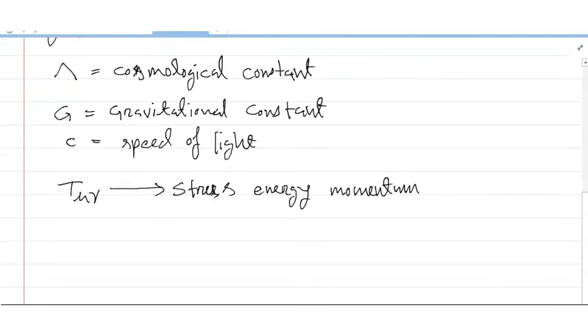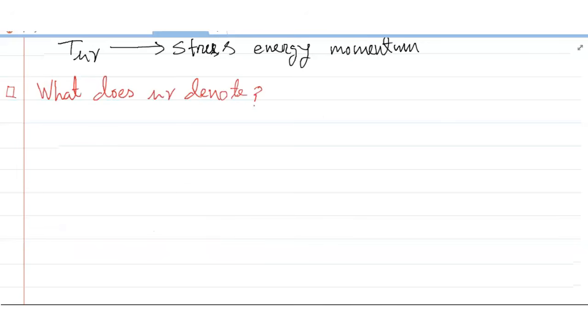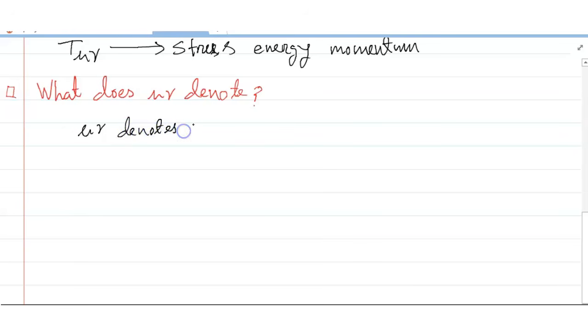So let's start to know what mu nu denotes. So friends, mu nu denotes space-time in four dimensions.